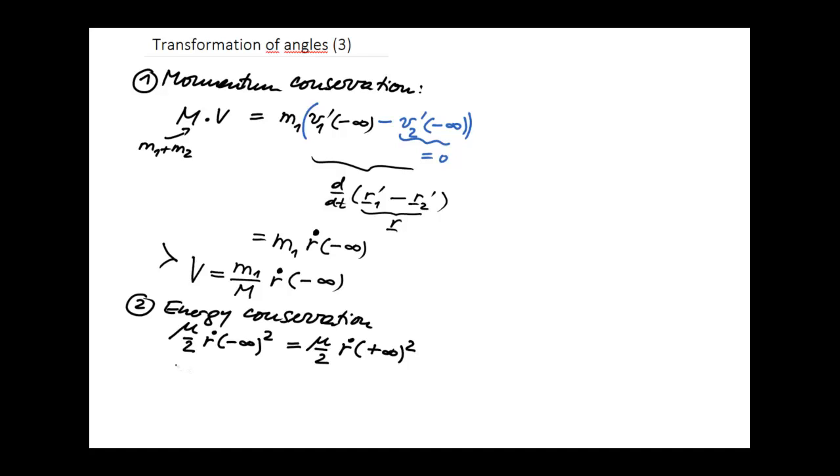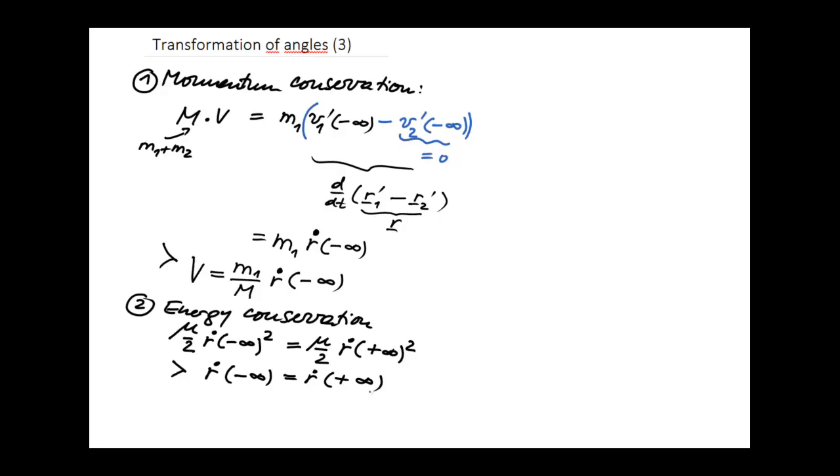This implies that r dot at time minus infinity and r dot at time plus infinity must be equal. That's the consequence of energy conservation.